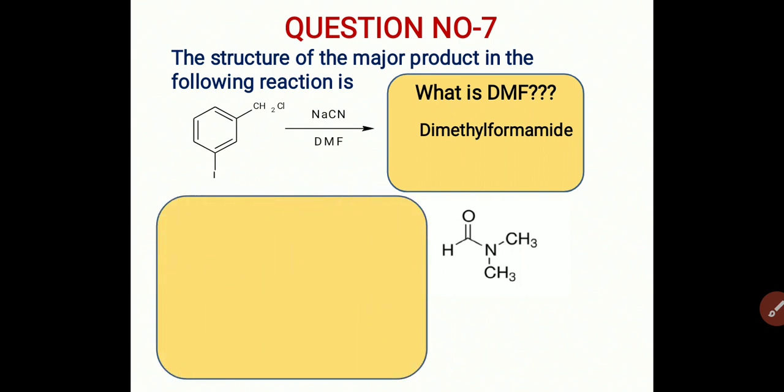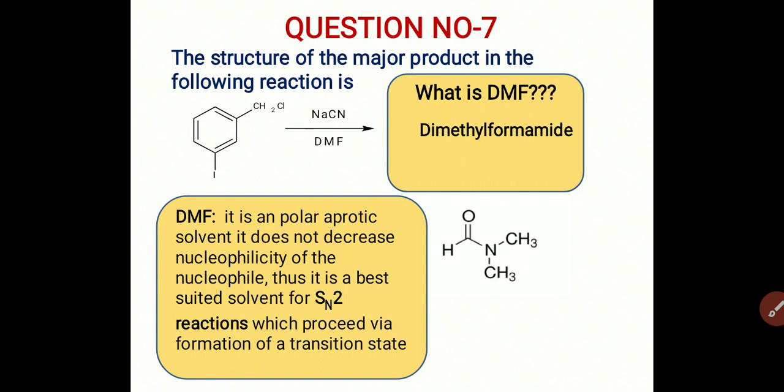So always remember, dimethyl formamide is a polar aprotic solvent. Polar because nitrogen has a lone pair and oxygen has lone pairs. Okay, polar but aprotic solvent. It will not give you a proton. Always remember, out of SN1 and SN2 reactions, a very important concept: SN2 reaction will be faster if polar aprotic solvents like DMF are present.